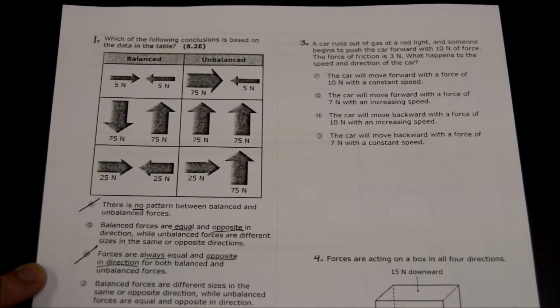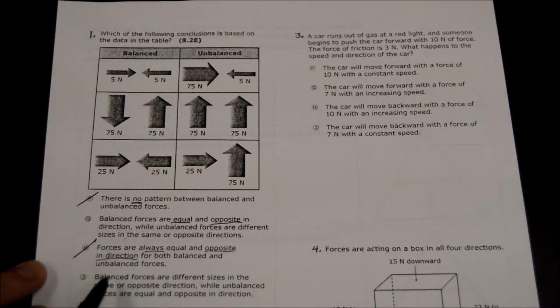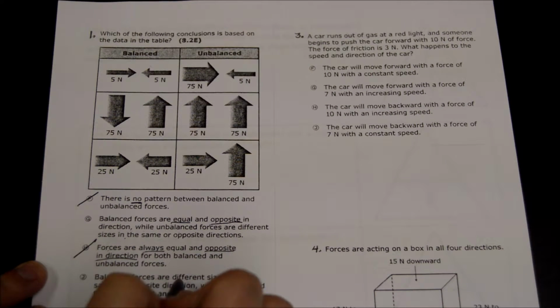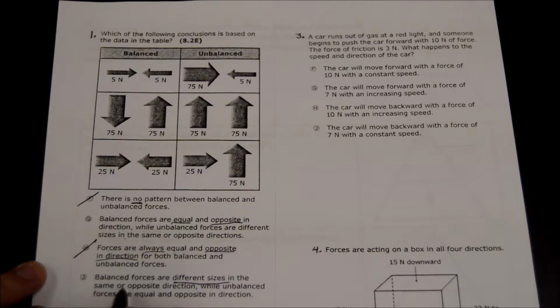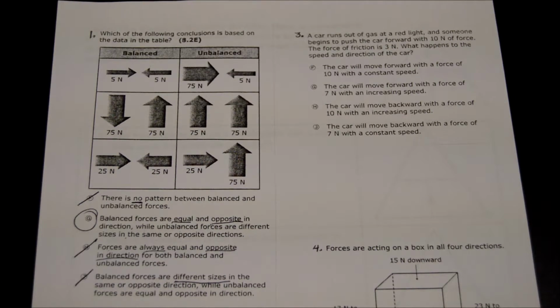So that one cannot be correct. And then letter J, balanced forces are different sizes in the same or opposite direction. Well, all of these arrows are of the same size, not different sizes, so that one is not correct. Our answer is answer choice G.